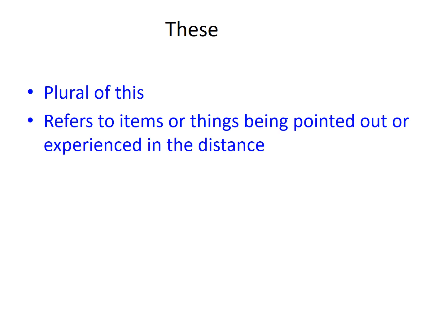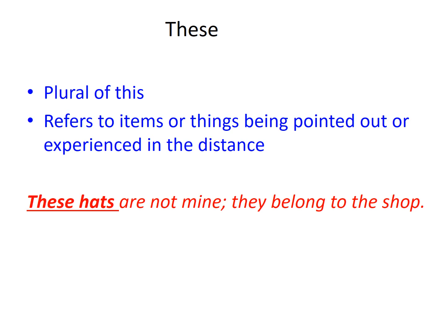It's used for the plural of this. It refers to items or things being pointed out or experienced in the distance, further away. For example, these hats are not mine. They belong to the shop. This person is referring to many hats, but is being clear that these hats do not belong to them, but the shop.